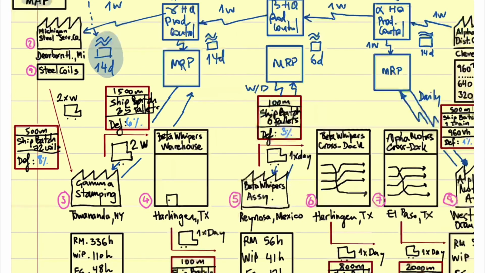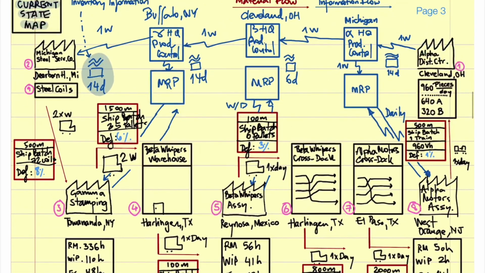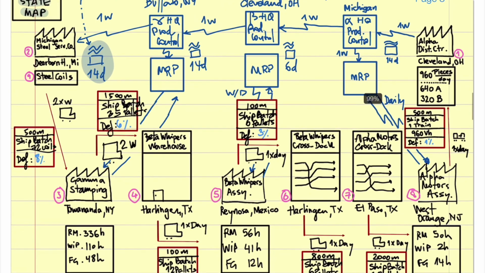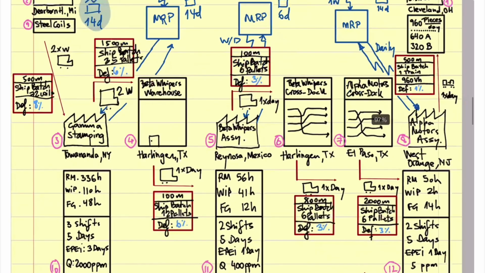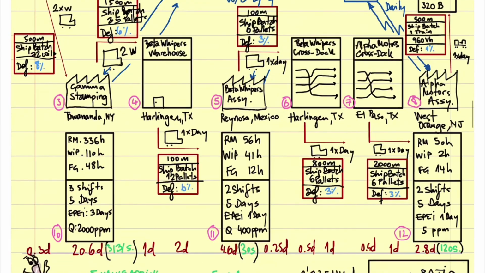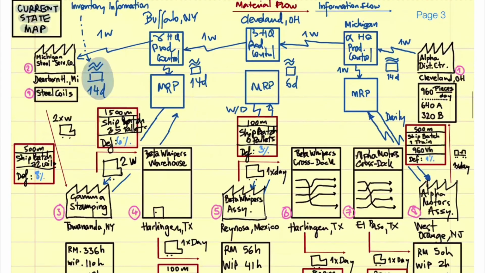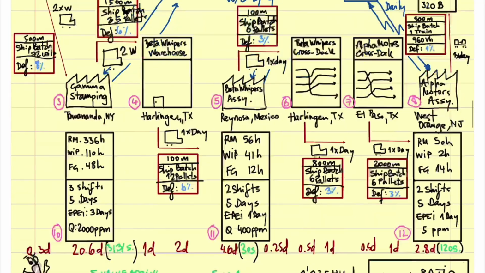Could you follow so far? Okay. So now we have a current map, okay? So we have a lot of information, but if we give this to management, they will say, what are you doing with us, okay? So they probably will not pay a lot of attention.